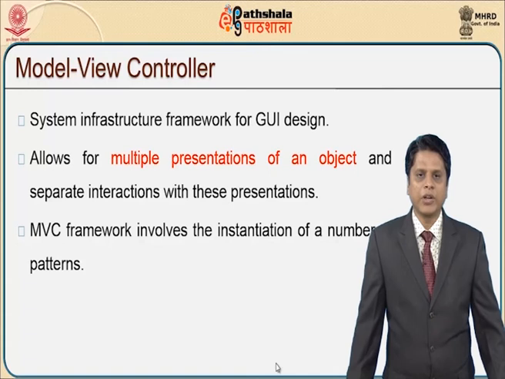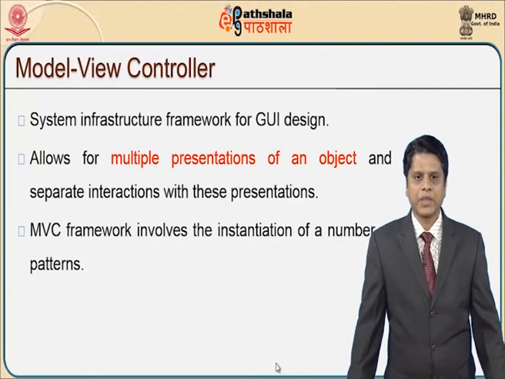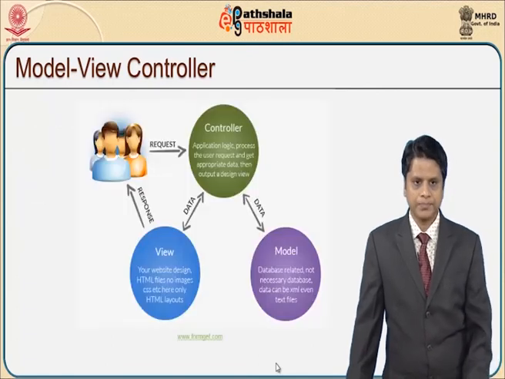We will talk about the model view controller, a system infrastructure framework for GUI design. This allows multiple presentations of an object and separate interactions with these presentations. The MVC framework involves instantiation of a number of design patterns.